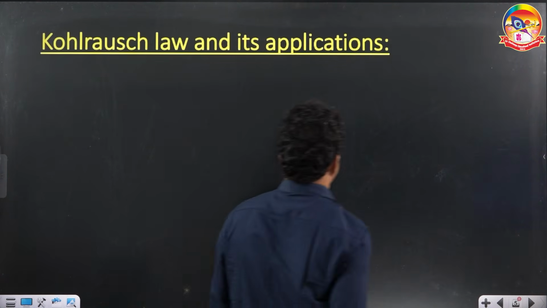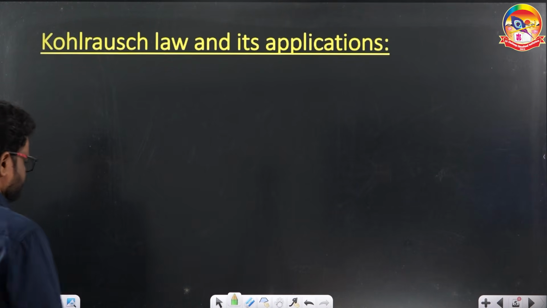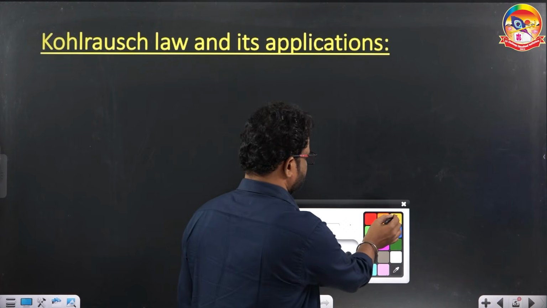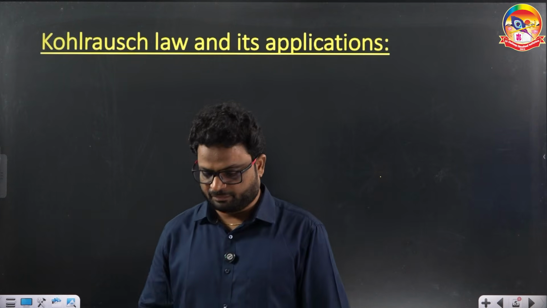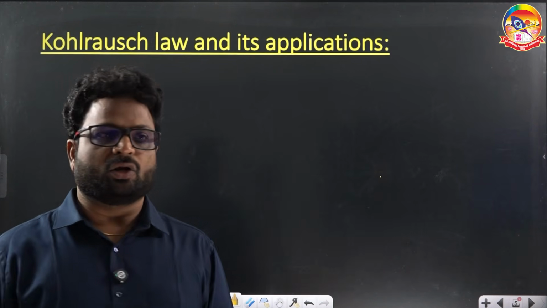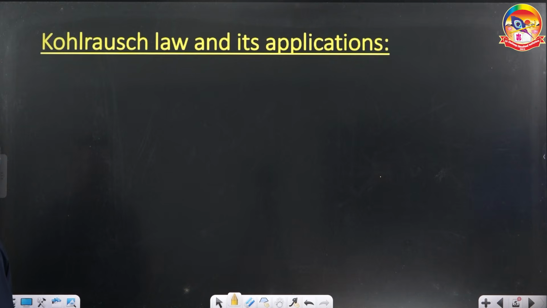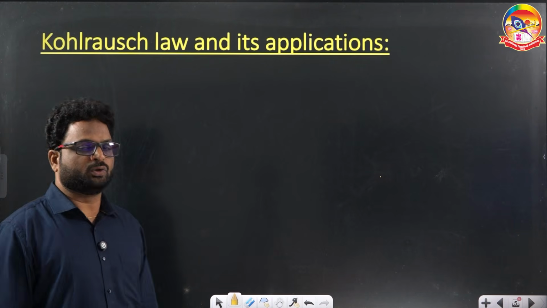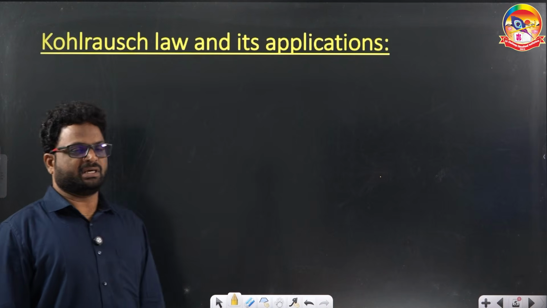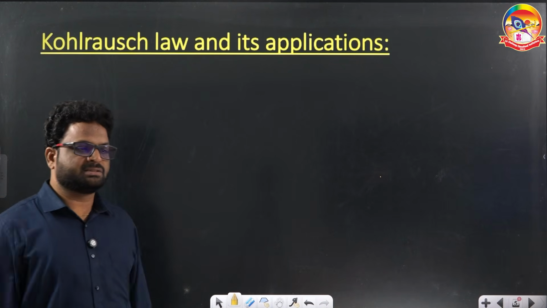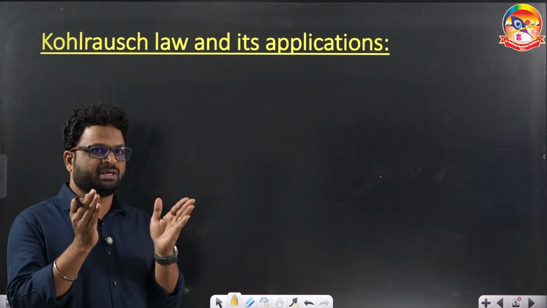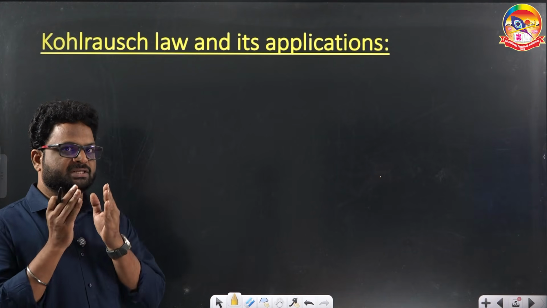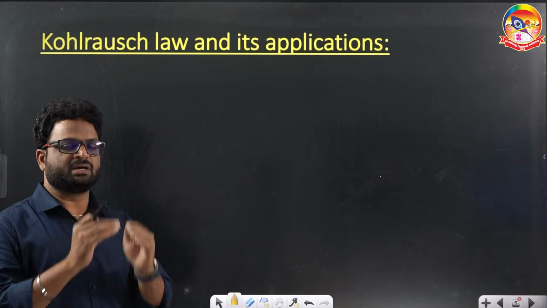Let us go to the next part. It is connected with the same electrolytic conductance, which is the concept of dilution on electrolytic conductance. When an electrolytic solution is diluted, what happens is the total volume increases, ionic interaction between the ions will decrease in case of strong electrolyte, and if it is a weak electrolyte, degree of dissociation will increase.